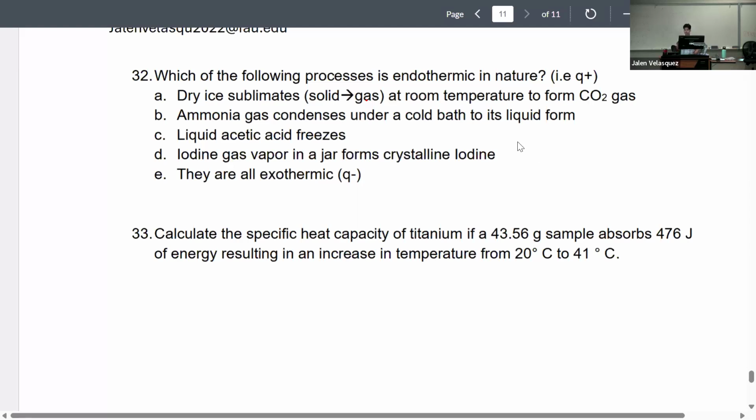Good, it's going to be A. So the sublimation, what's sublimation? Sublimation is going straight from solid to the gas phase. So sublimation is going to be endothermic, right? What does that mean? That means that heat is going to be inputted to the system.